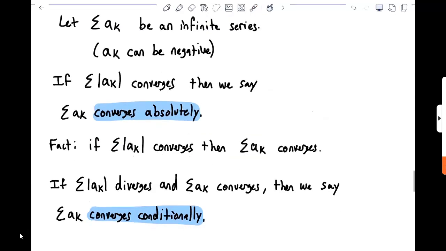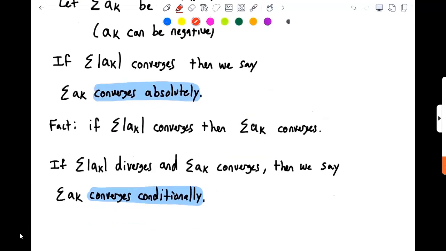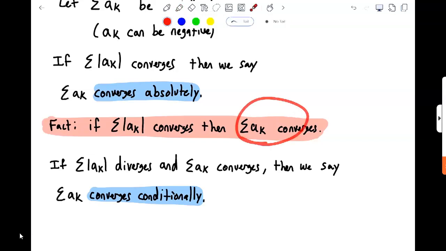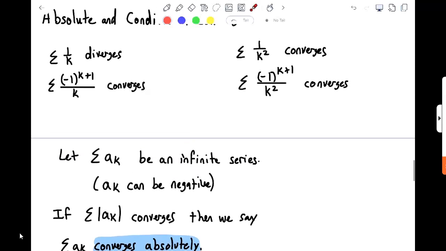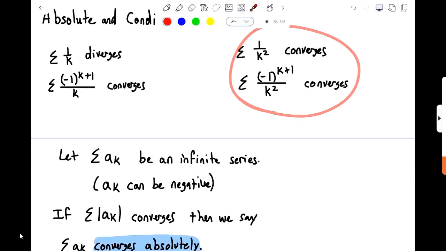Okay. So let's highlight my fact here again. If the positive term series converges, then the underlying series converges. And that was what we saw there with the original one.